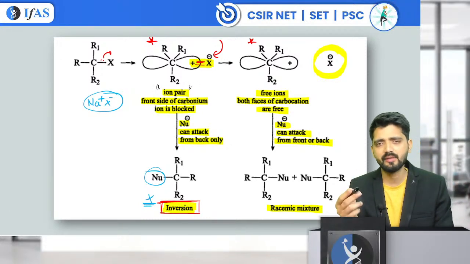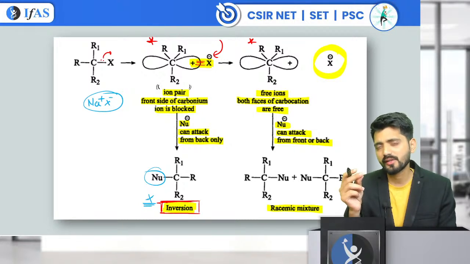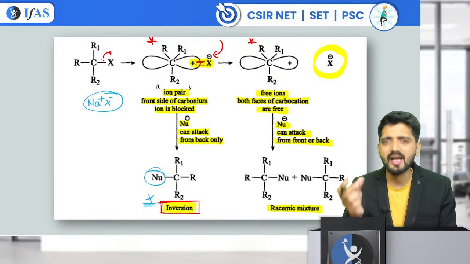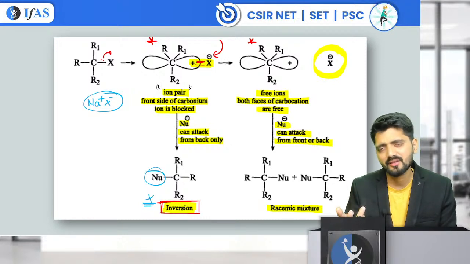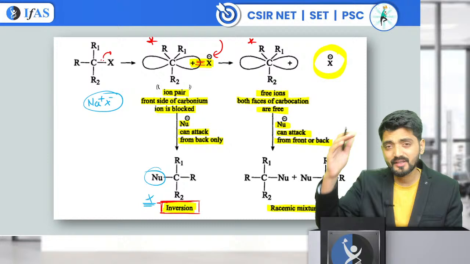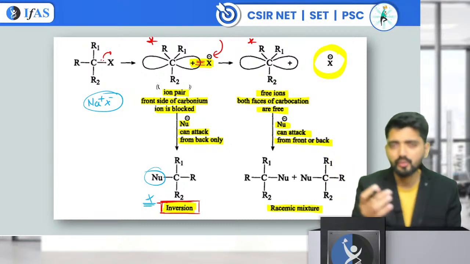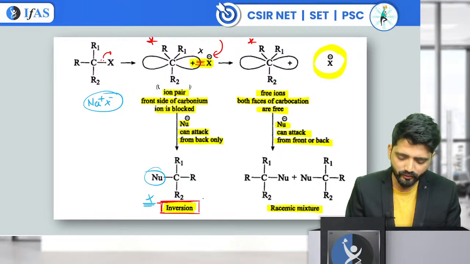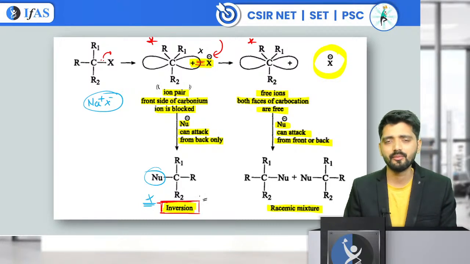When the leaving group leaves, the positive charge forms at the carbon center, and if the leaving group forms an ion pair, like an ionic compound exists as Na plus X minus, in a similar manner, then one side is blocked so that the nucleophile cannot attack the p orbital. That's why the product of inversion dominates a little bit.